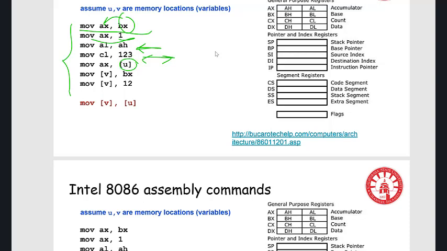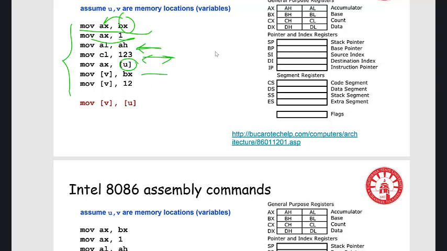Here we have a variable U that we dereference and move its content to register AX. U refers to a memory location that we define at the beginning of the program. Then we put brackets around it, meaning that we dereference that memory location.